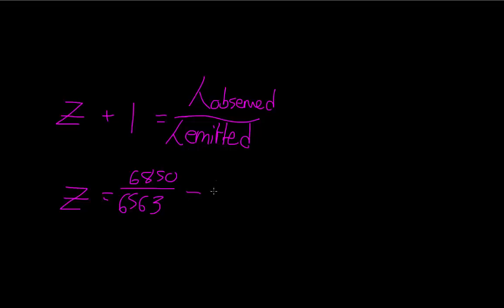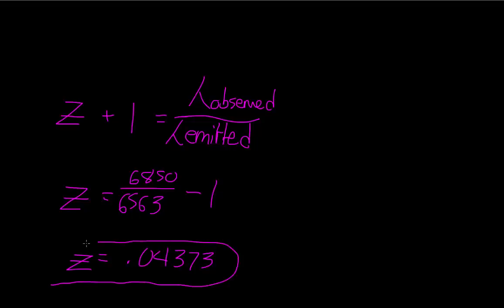And we're going to subtract 1. When we do that, we end up with a z value of approximately 0.04373. So the z value is very important. It's how we can derive every single little tiny detail.